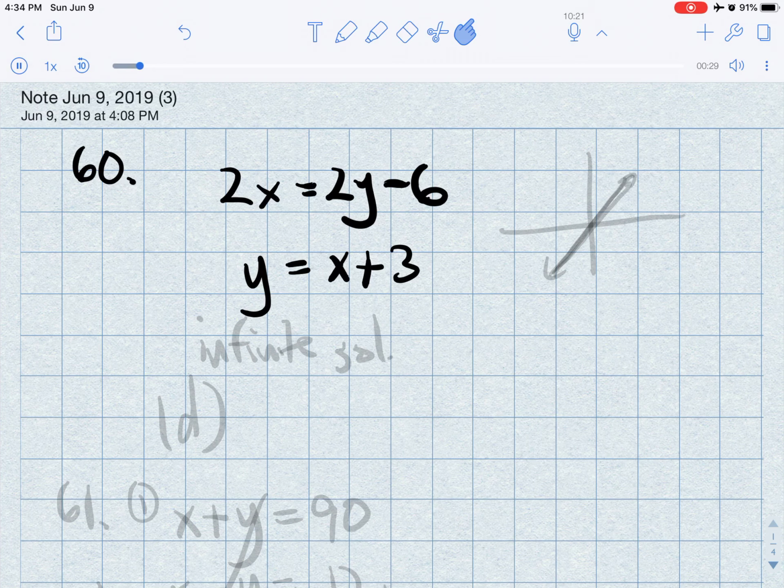So when you have two lines that are the same, that fall on the same line, that is infinite solutions, right? Two lines that touch in every spot the same because they're the same line, that is infinite solutions. So this is D for 60.